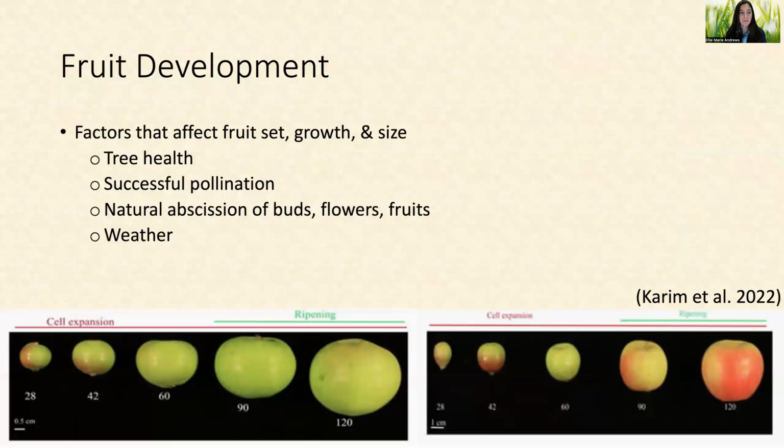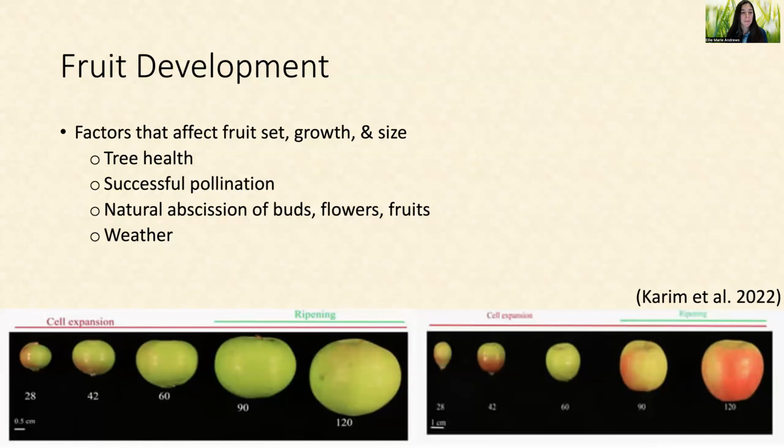So thinking about then fruit development, there's several factors, quite a few that affect fruit set, growth, and size. So of course, overall tree health is a huge factor, as well as successful pollination. Sometimes natural abscission occurs, whether it's buds, flowers, or fruits.